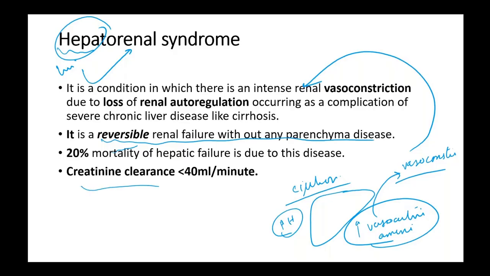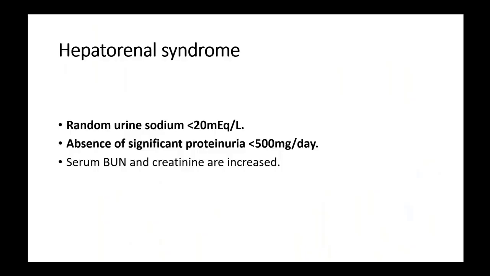You don't have to remember the creatinine clearance. They will have liver failure and kidney failure. Their creatinine will continue to go high. They will not respond to anything. You give them fluid, albumin, Lasix, nothing will help. Their UA will be normal, and that's one clue.